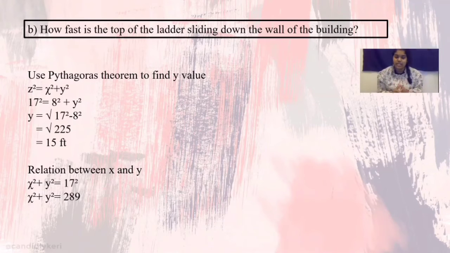While x and y change as the ladder slides, the hypotenuse of the right triangle shown is always equal to the ladder's length, which is 17 feet. Hence, the Pythagorean theorem is applied. A relationship between x and y is x squared plus y squared equals 17 squared. That's the key relation we need to be able to proceed with the rest of the solution.